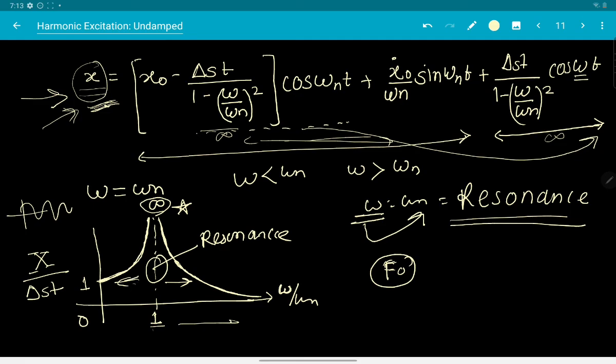So you design your system away from it, ensuring that this displacement is not that large, and hence whatever mechanism or design you have sustains such loading. So this is the story of resonance from the perspective of this course.